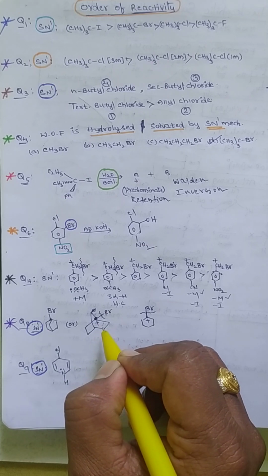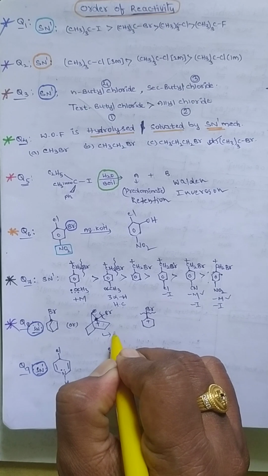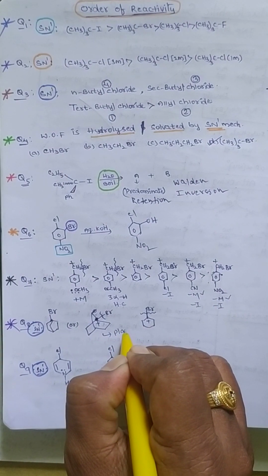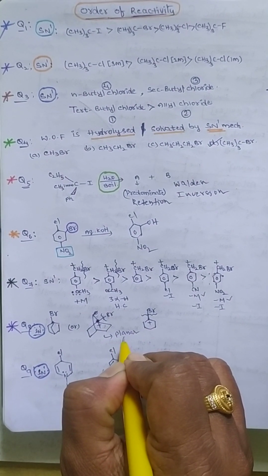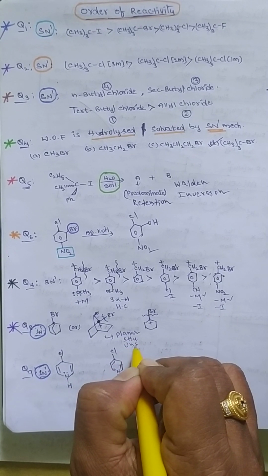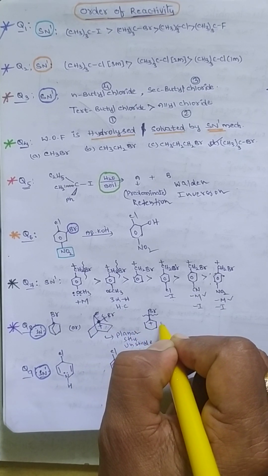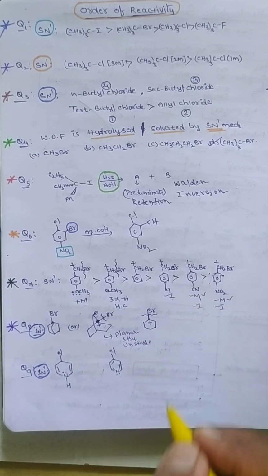So a carbocation at this position means this is not a planar structure, so this compound is highly unstable. Therefore this is less favorable when compared to this one.